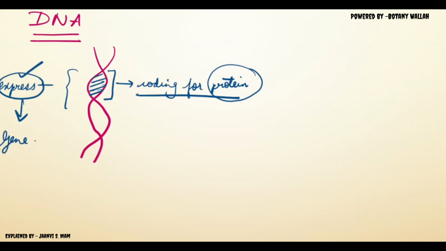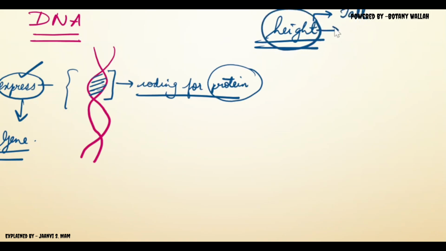This particular segment of DNA, or we can say a part of DNA which will express itself, is known as a gene. Now suppose I am speaking about a gene known as height. It will express as either tall height or dwarf height.